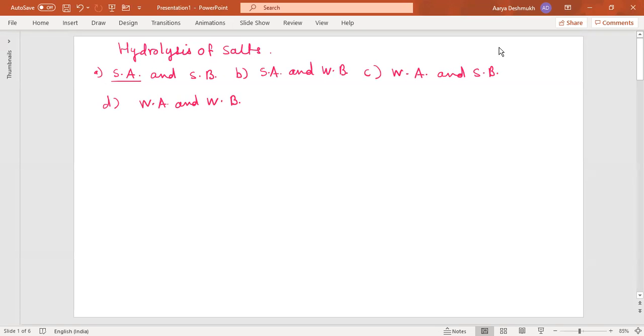Now, before coming to these different types of salt, as we are supposed to discuss hydrolysis of salts here, we need to understand what hydrolysis actually is.